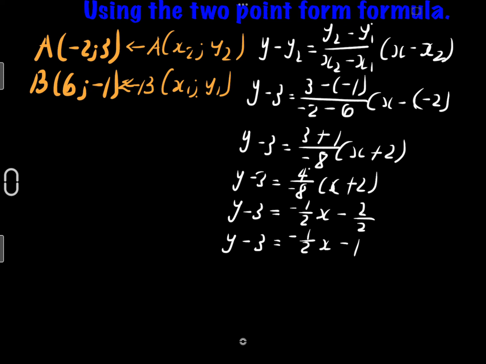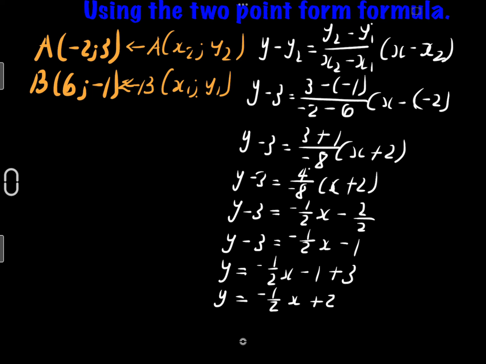So now by substitution, we have y is equal to negative half x minus 1 plus 3. So negative 1 plus 3 gives us simply positive 2.